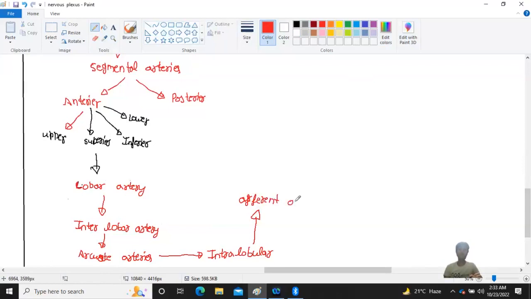Afferent arteriole. Then after that, the efferent arteriole. Then peritubular and vasa recta.